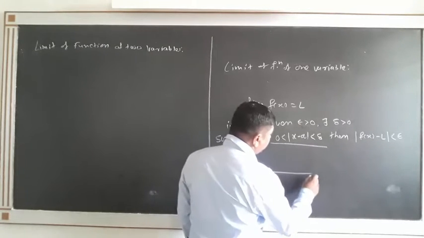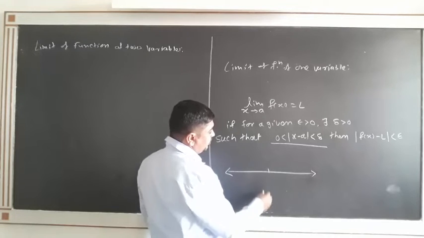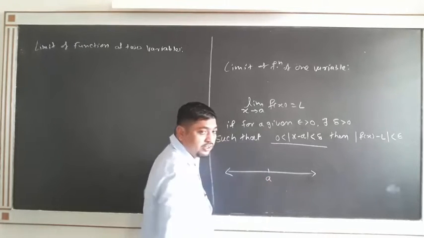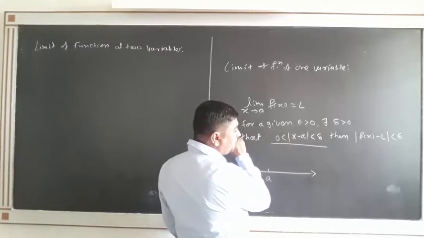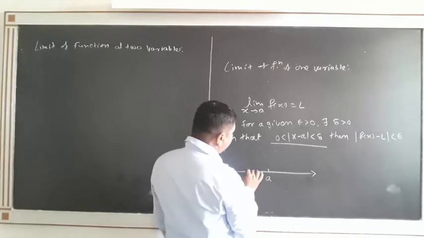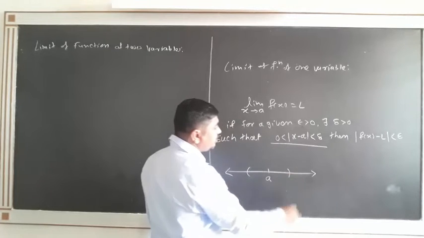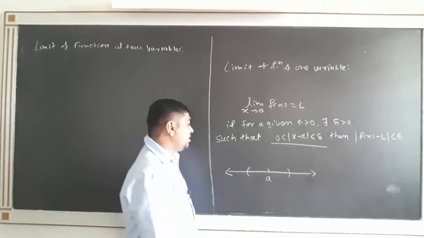Suppose this is our real number line and this is our point a. Mod of x minus a means that this is the neighborhood of a on the real line.